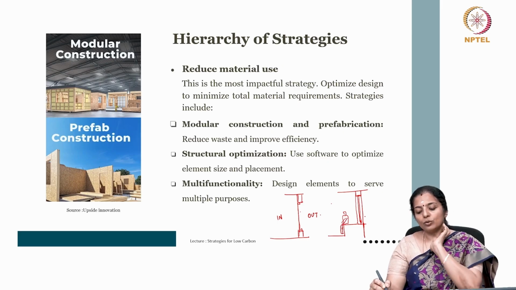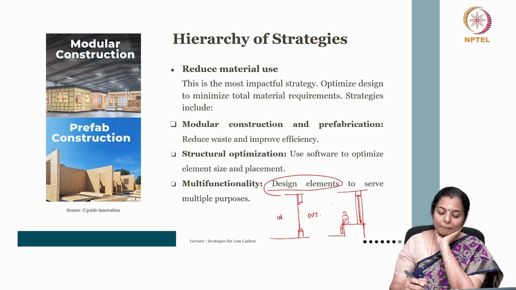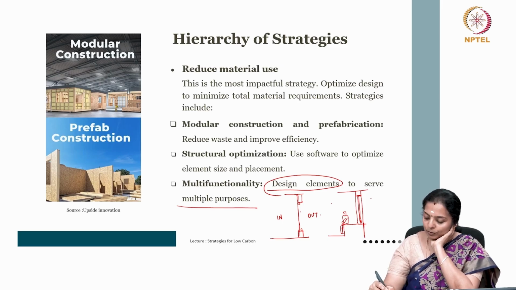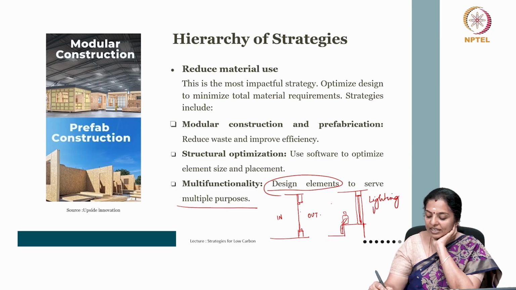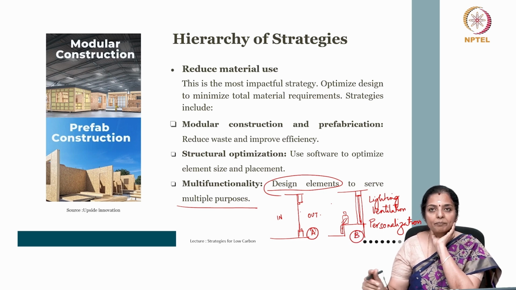So, you need to look at design elements to serve multiple purposes. So, this window will serve its purpose of lighting, ventilation, and also some kind of personalization of spaces which is needed. Whereas this option A will not have personalization of spaces as against option B.